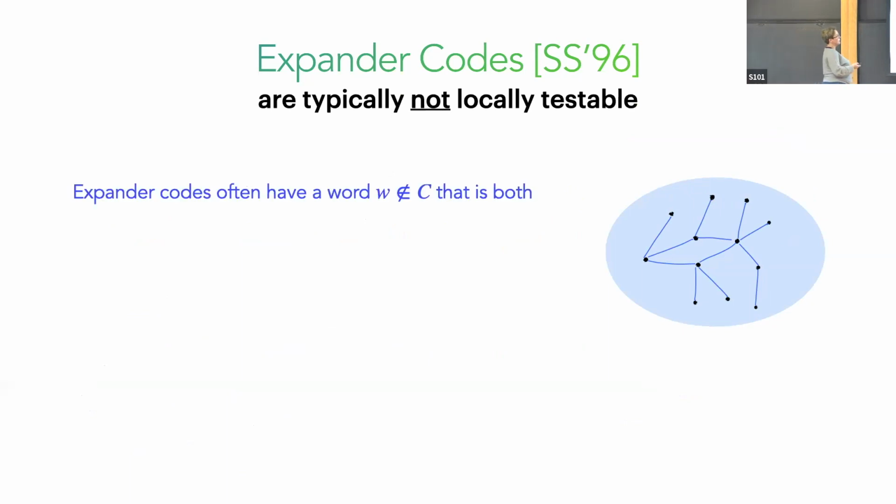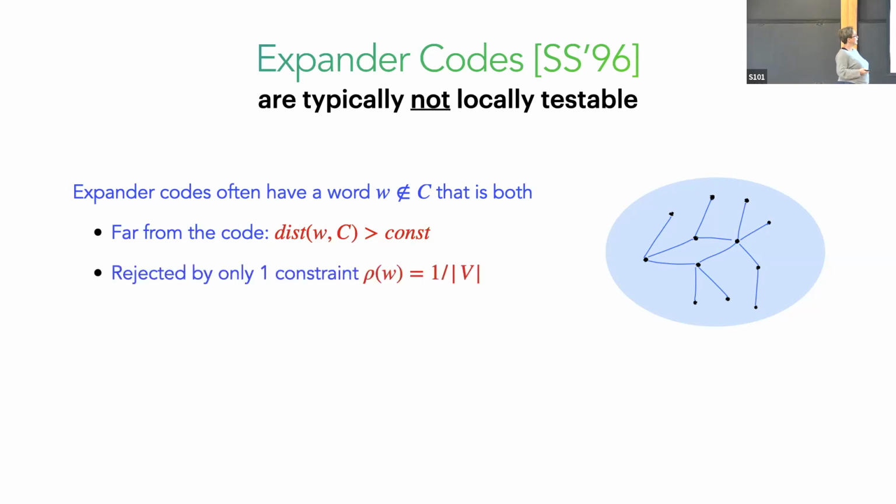They typically will have a word that's not in the code, and this word is going to be far from the code. So the distance is, I don't know, at least 1%. But only one of the vertices will even notice that there's a problem. All the vertices will think that the constraints around them are satisfied. So if your tester was testing a random constraint, it will have very low success.